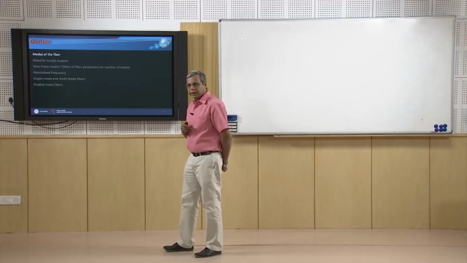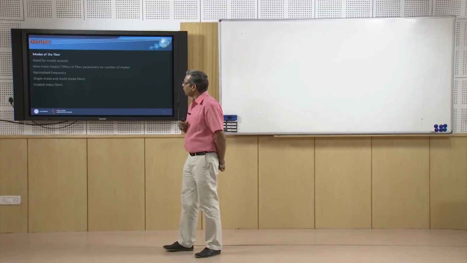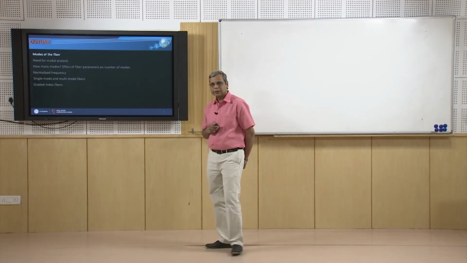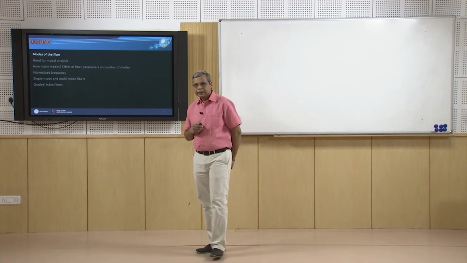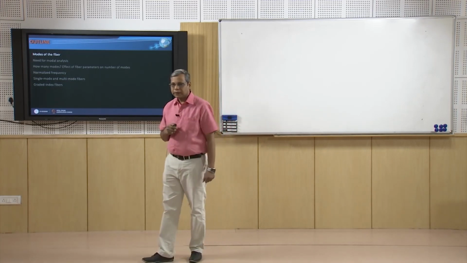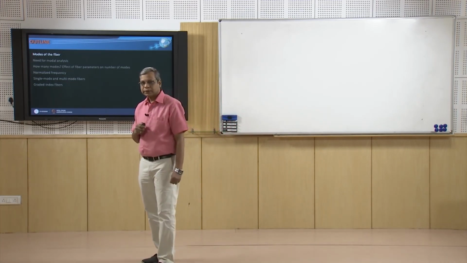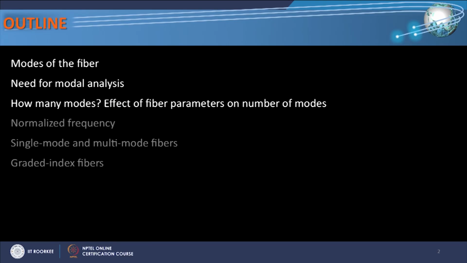Then a natural question arises: how many modes a fiber supports, and is there some bearing of fiber parameters on the number of modes, and what would be the effect of fiber parameters on the number of modes possible in an optical fiber.